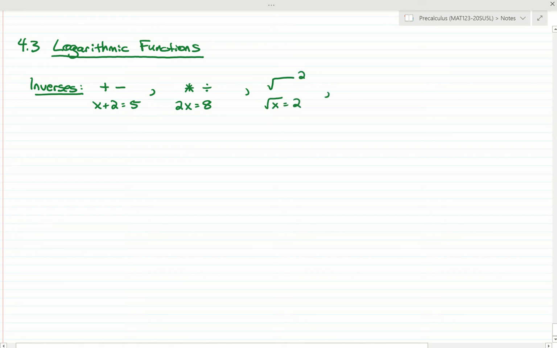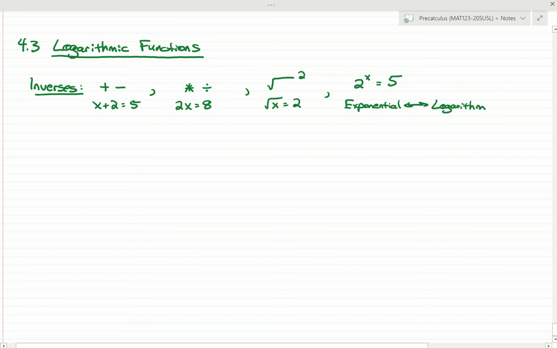But what if we had a problem where it was 2 to the x power is equal to 5? Now you can't write 5 as 2 to a power, so that's why we have to use a logarithm. The inverse of an exponential is a logarithm.